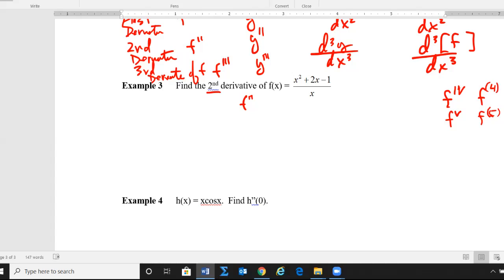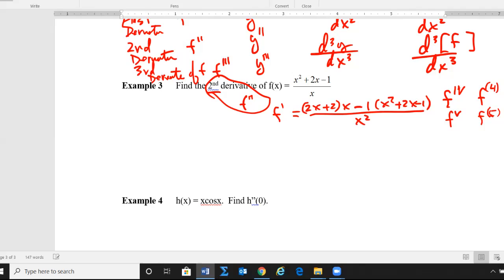All right, back here, we want the second derivative, which is this. Okay, so we need the first derivative. Let's get that. Quotient rule. Derivative of the numerator times the denominator minus derivative of the denominator times the numerator, all divided by denominator squared.